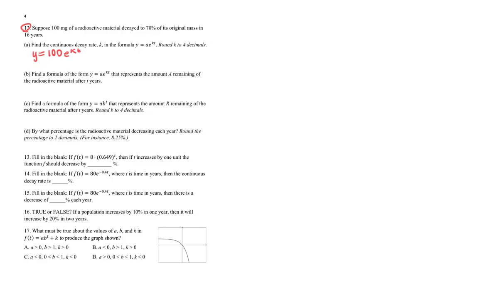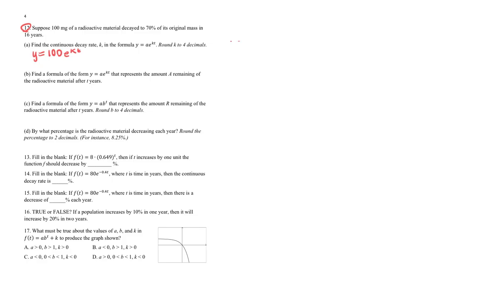We also know that after 16 years, we only have 70% of our material left. So I think we can write another equation that says 70% of 100 should be 70. 70 is going to equal 100 times e to the k, and then we're told that takes 16 years, so times 16.